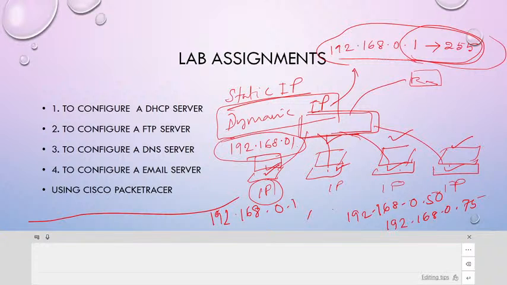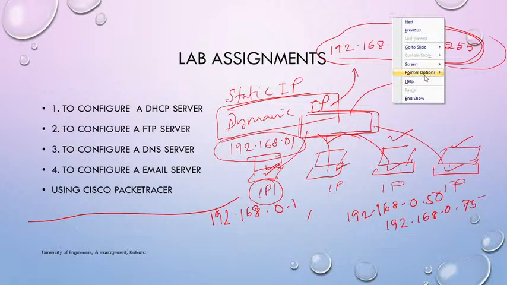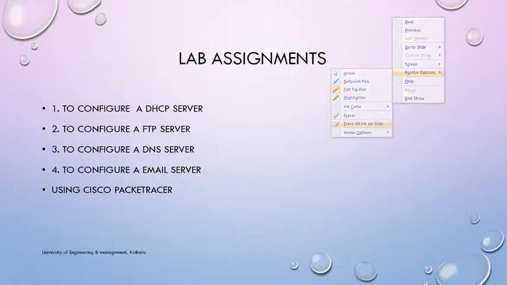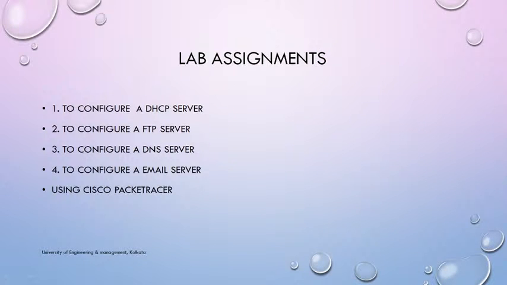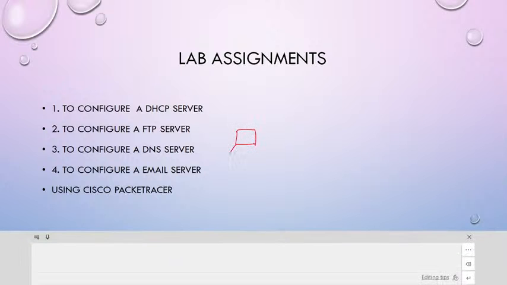Now, how can the dynamic IP create a clash with a static IP itself? Let's say I have 3 computers, 1, 2 and 3, out of which I have assigned DHCP to 2 computers, and the third one is assigned a static IP.